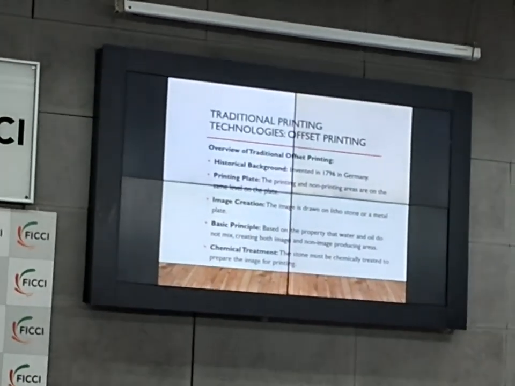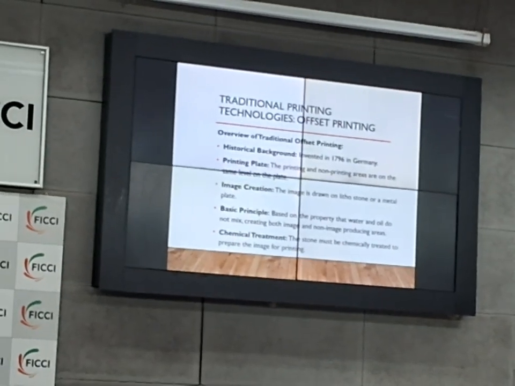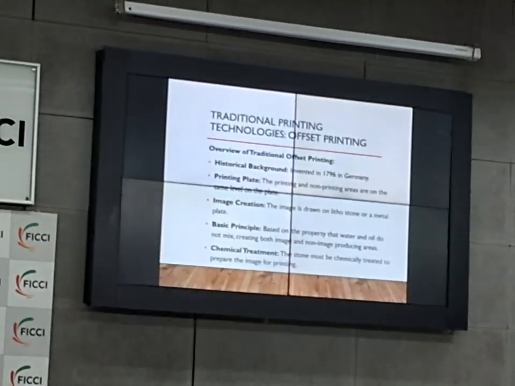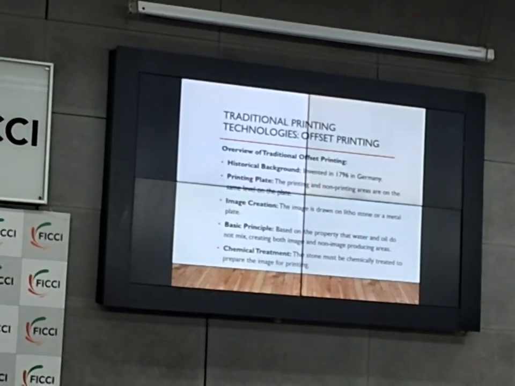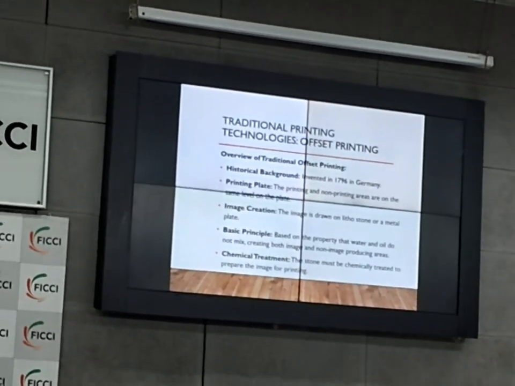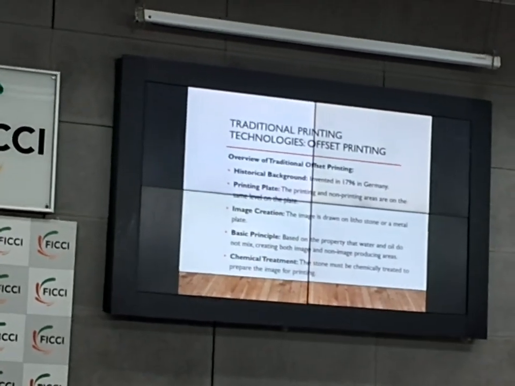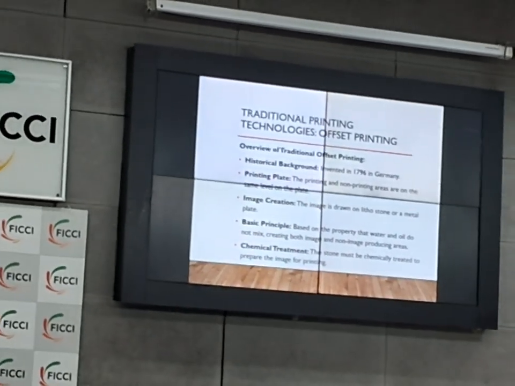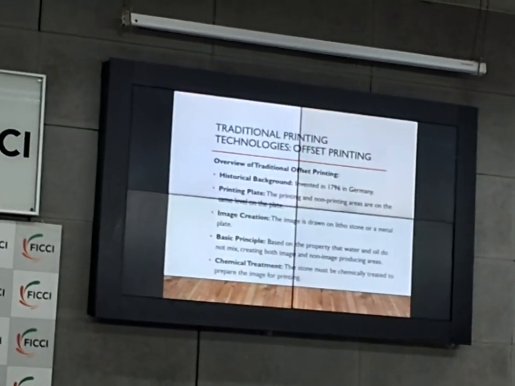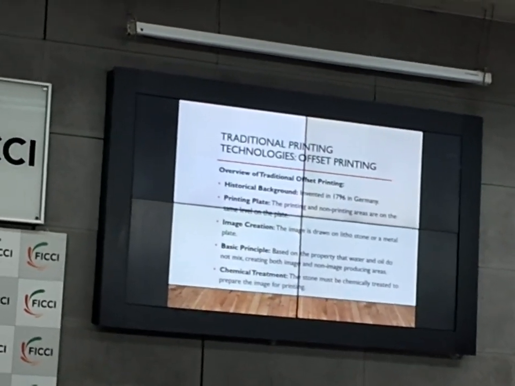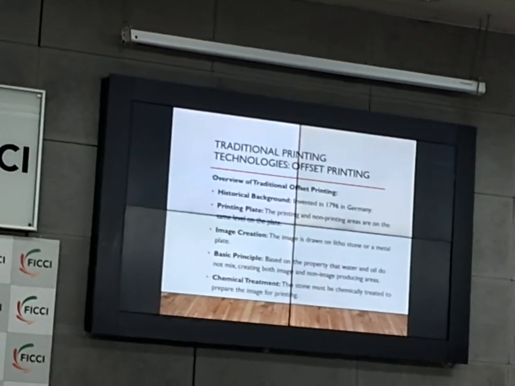Some basic principles: it is basically an indirect process of printing, unlike letterpress printing, where the image is transferred from the printing surface to the substrate directly. In offset printing, the image is first transferred onto an intermediate cylinder, called the blanket cylinder, and then the image is transferred onto the substrate.